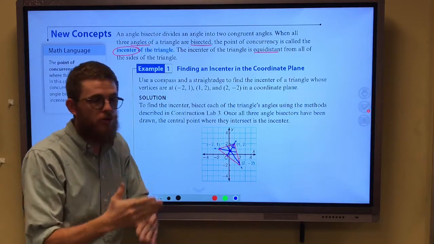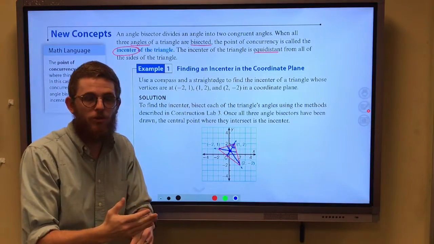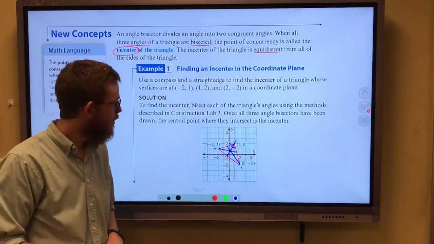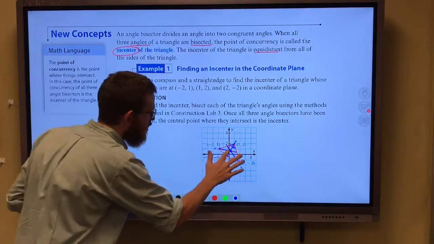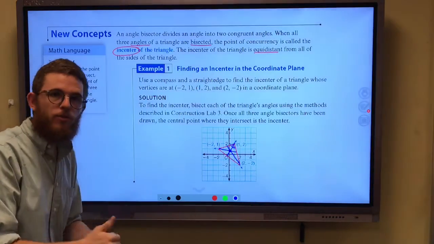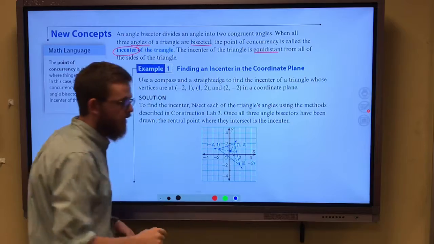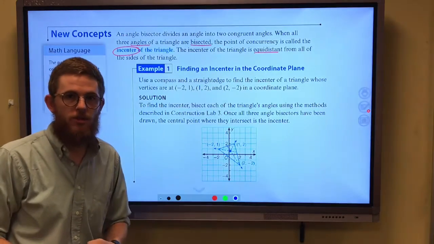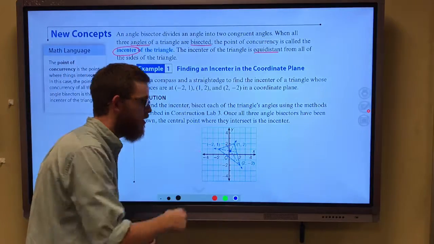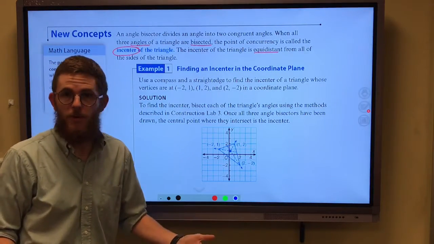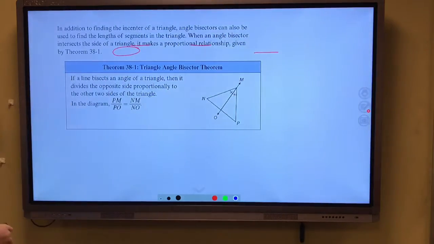Once you find 2 angle bisectors and you see where those intersect, you know that's where the third one is going to intersect also. So there's the incenter where the 3 angle bisectors intersected. Again, go back and watch Construction Lab 3 if you don't remember how to construct an angle bisector, because that's going to be difficult to do if you don't know how. Moving on.